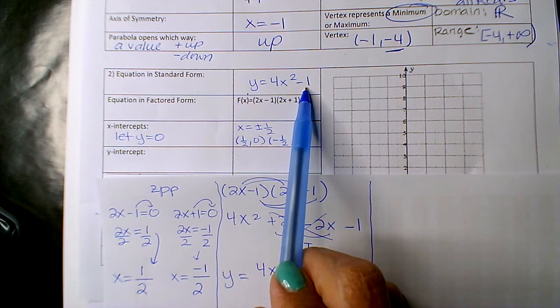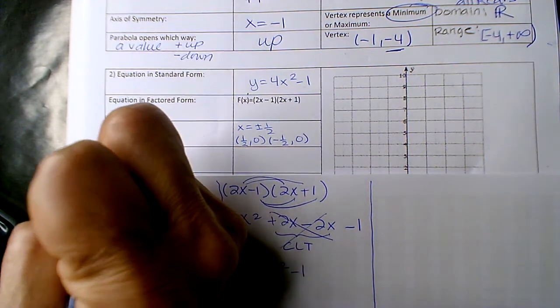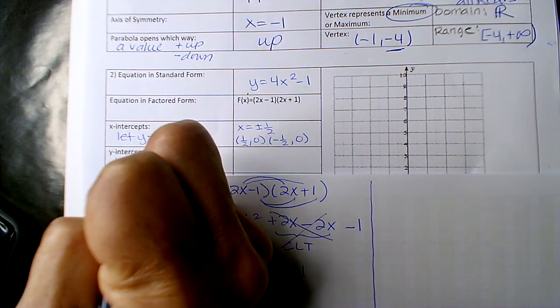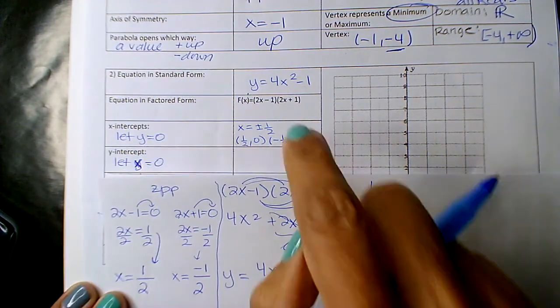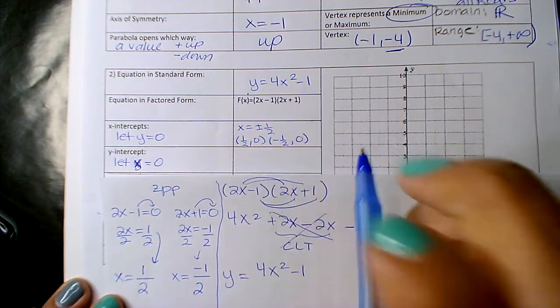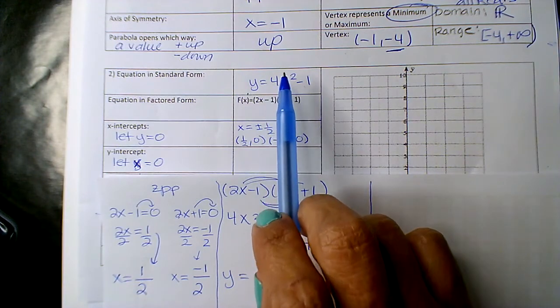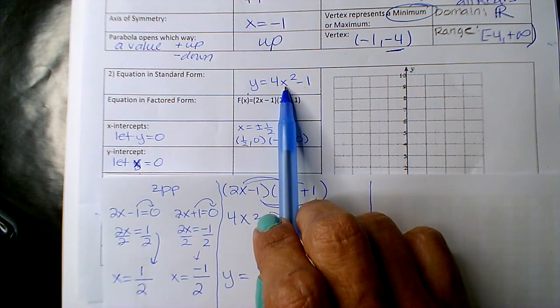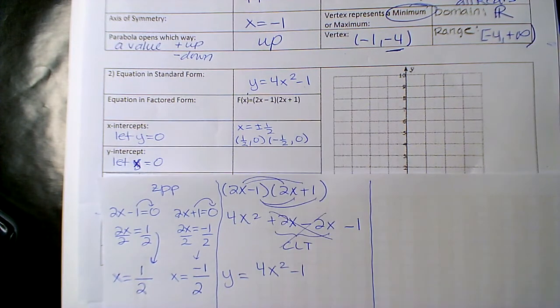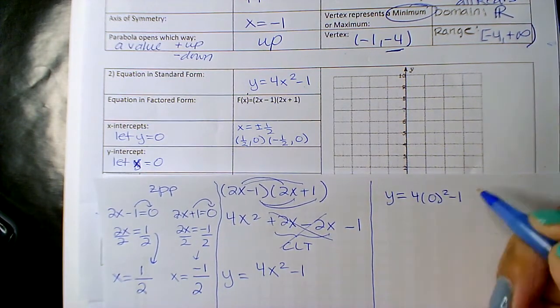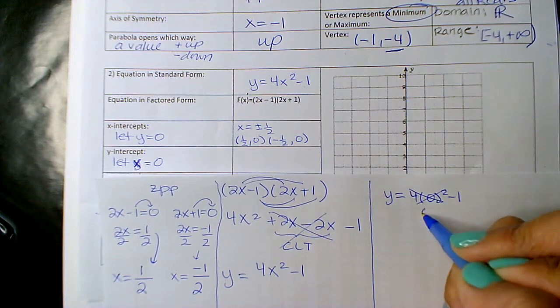It's right here. Remember, y-intercept, let x equal 0. That's an x. So you can either get it from here or here, but if you plug in here, it's kind of more work, but here if you plug it in, substitute 0 for x, it's very intuitive because anything times 0 is 0.